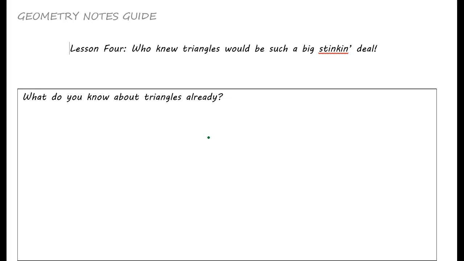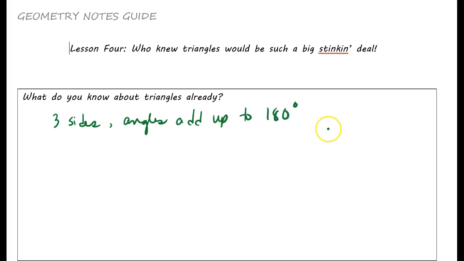Okay, so not sure how much you wrote down, but some things that I feel like you would already remember is the basic, there are three sides to a triangle, and the angles, you may know that the angles add up to 180 degrees, okay? Angles add up to 180 degrees. That's usually what people remember.